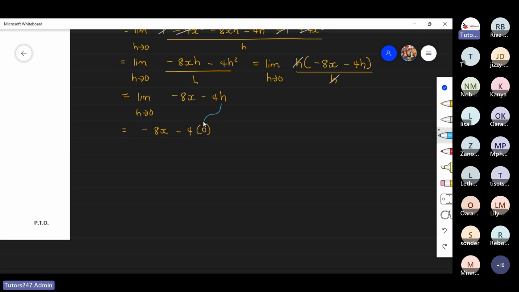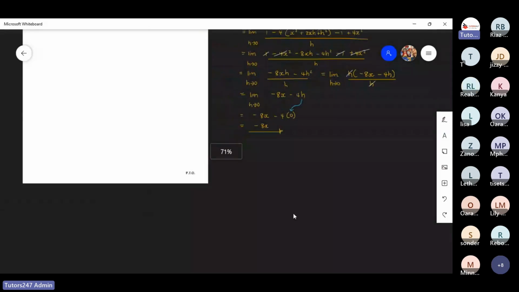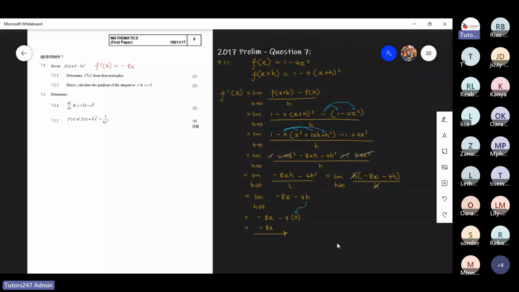So that h becomes 0. From here, negative 4 times 0 is just 0, and we finally have negative 8x. And if you remember, that is what we were supposed to get at the beginning, so we now know that our answer is correct. So that is f prime of x using first principles.